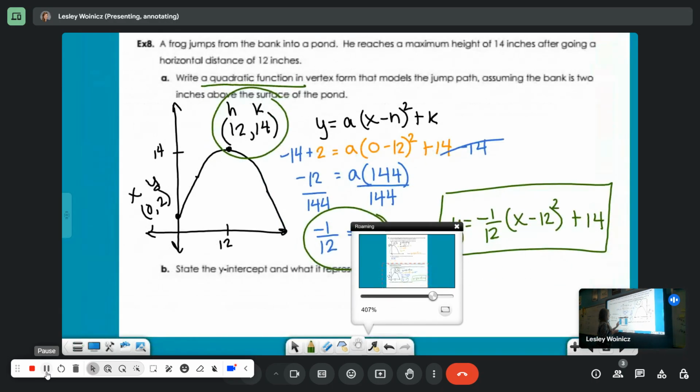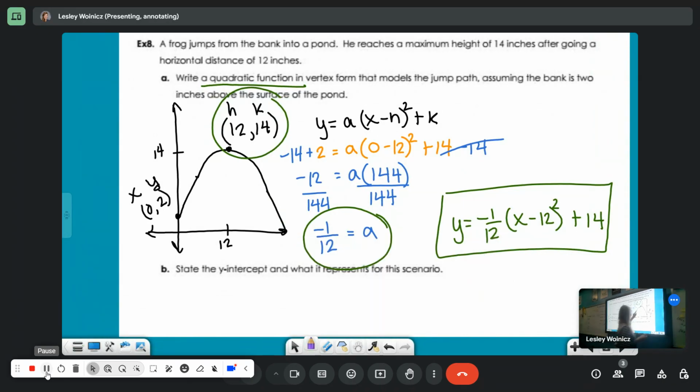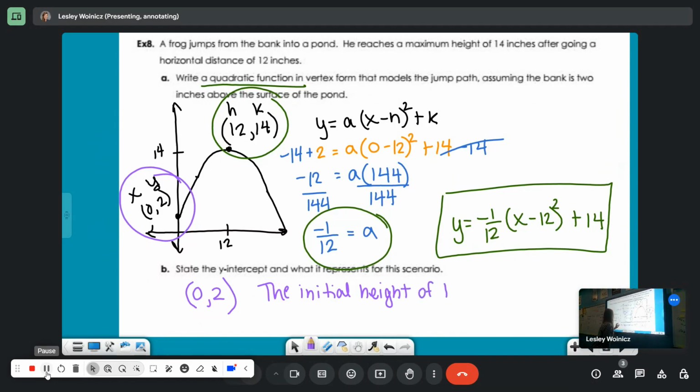Now I have to do my y-intercept and what it represents for this scenario. So my y-intercept is right here, (0, 2), and it is the initial height of the frog is 2 inches.